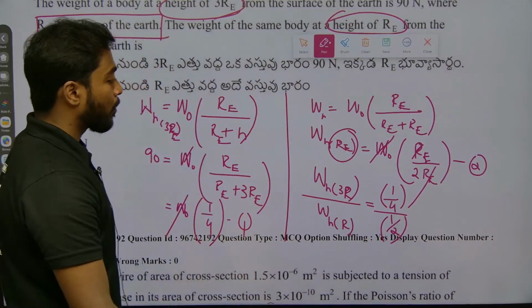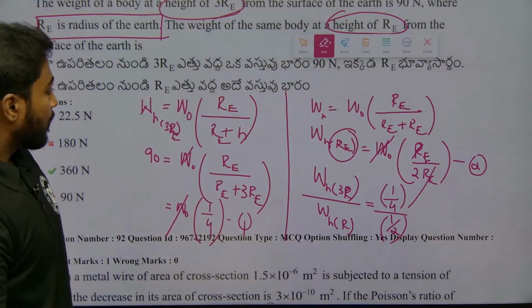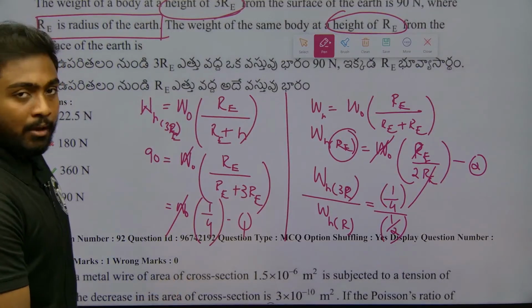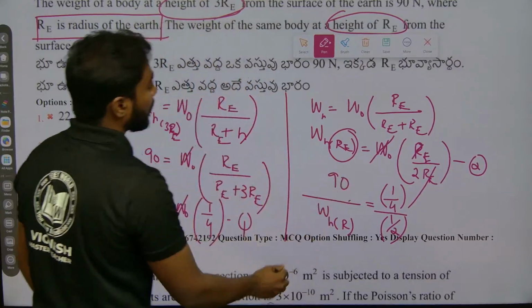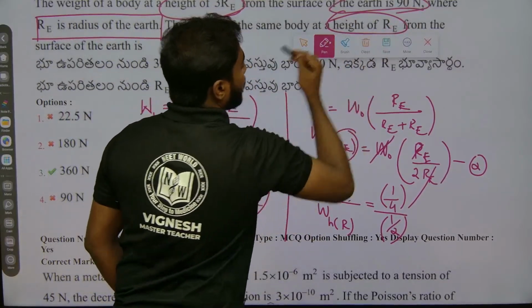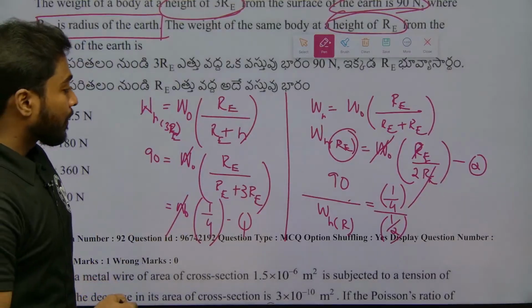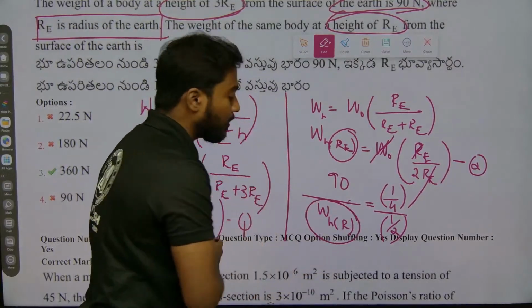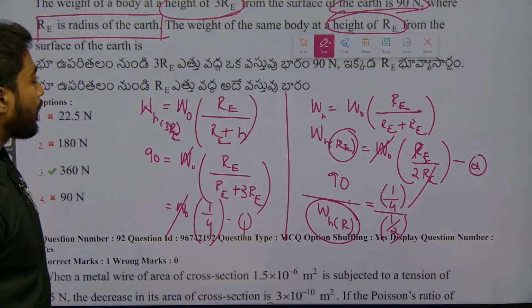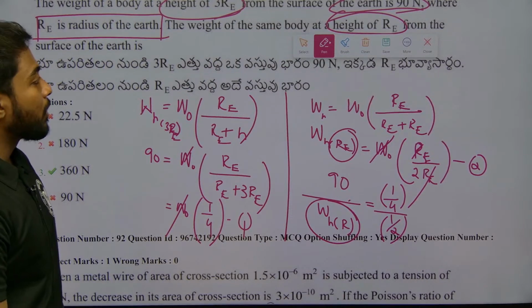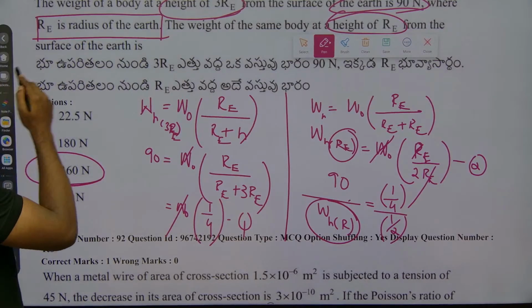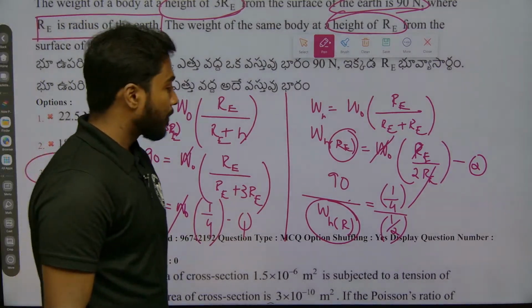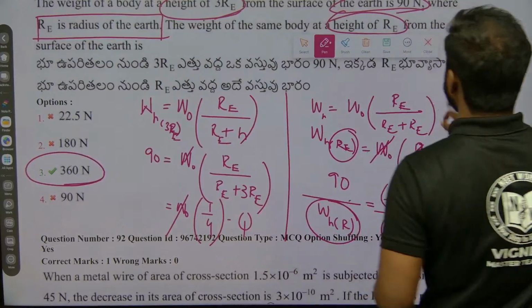By equating this equation I can write it as 90, the given weight, right. So I can easily find the weight of the body at height h equal to R. So the answer will be 360. Okay, we'll go for the next question, guys.